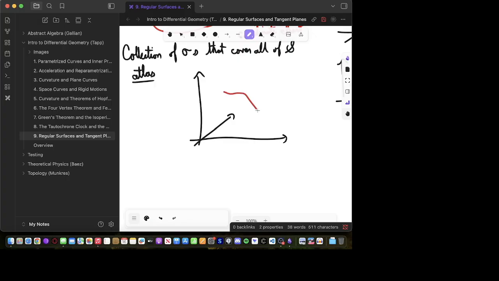Furthermore, let's say we have a regular surface like this. Maybe we have an open set like this, and then we have an open set like this, and then an open set like this. Actually, I shouldn't do it all in one color.